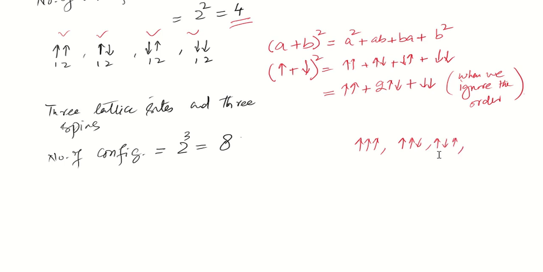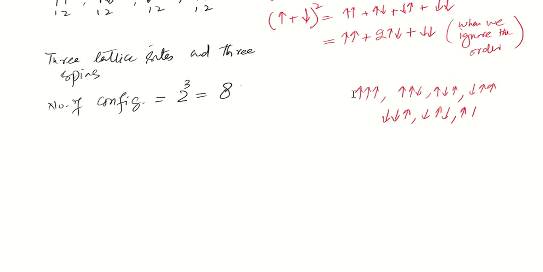and others are 2 spins down, 1 up, and they can be arranged in 3 different ways like this. And then finally we have everything in the down spin configuration. So these are the 8 arrangements, the total number of configurations.